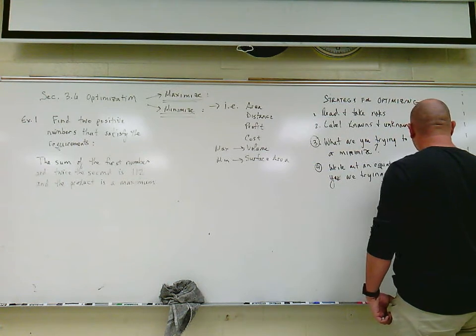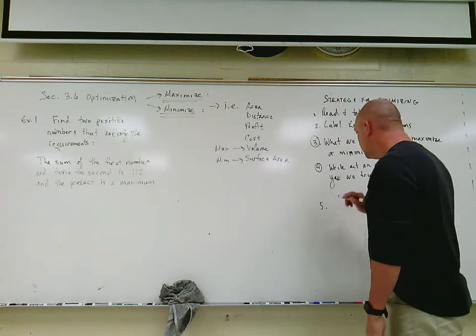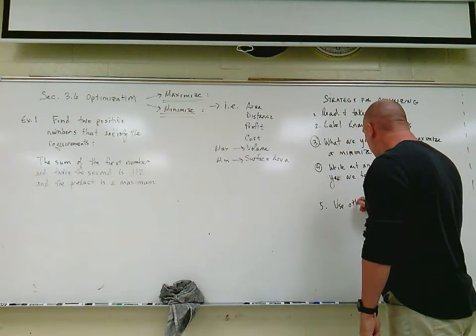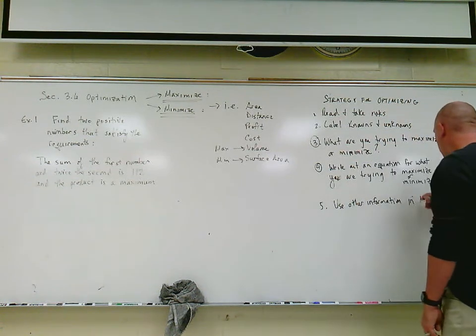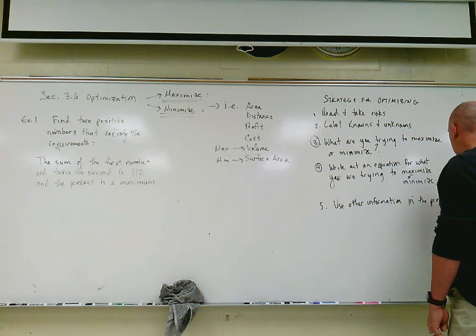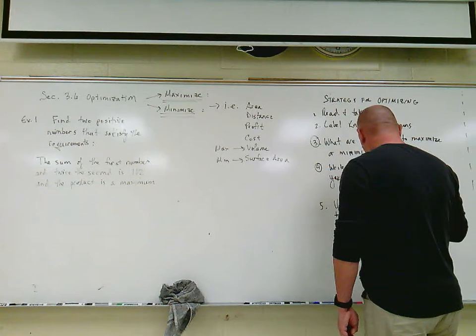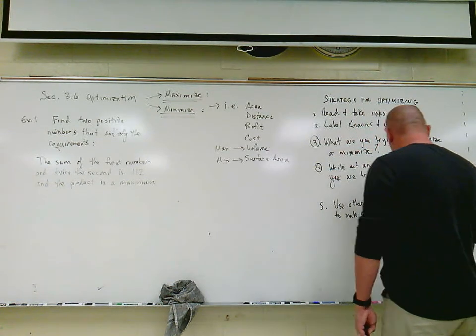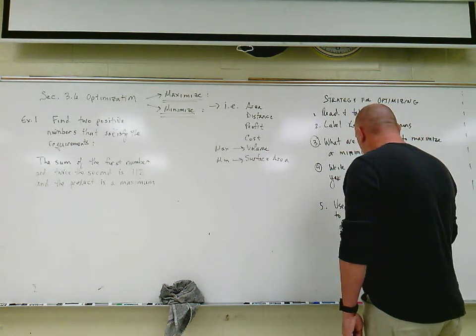There's a good chance that you could have two unknowns on the right-hand side. We're going to have to use other information to make sure that the right-hand side only has one unknown. You don't want two unknowns on the right-hand side. So use other information in the problem to make sure your equation is in terms of one unknown.